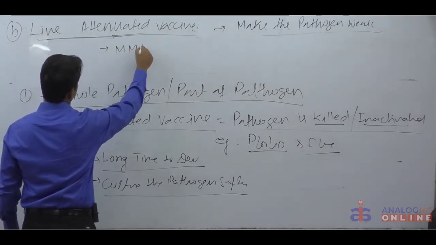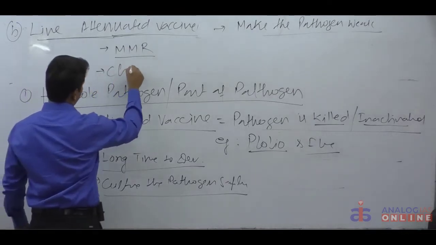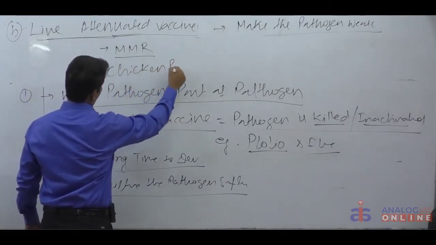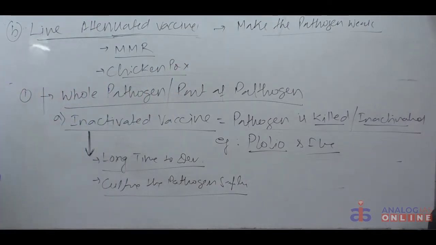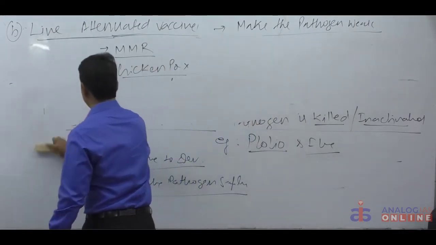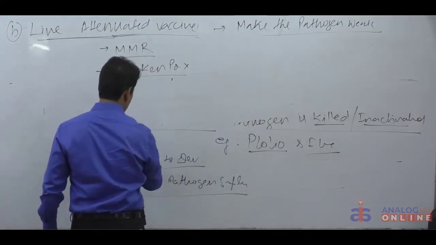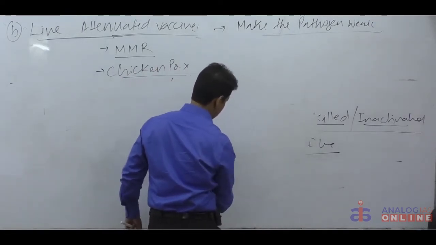Examples are the MMR vaccine, mumps, measles and rubella, and your chicken pox vaccine. So here we are not going to kill it, rather we make it weak.